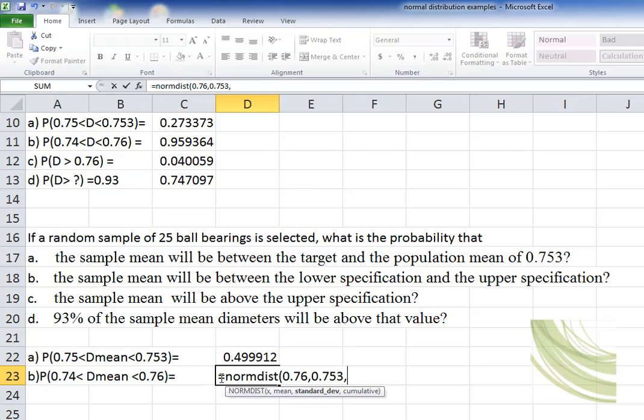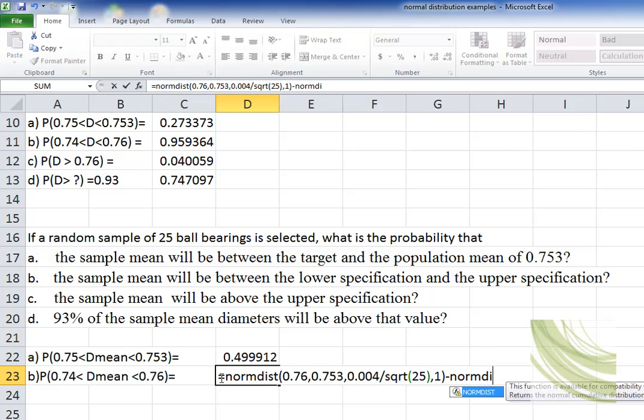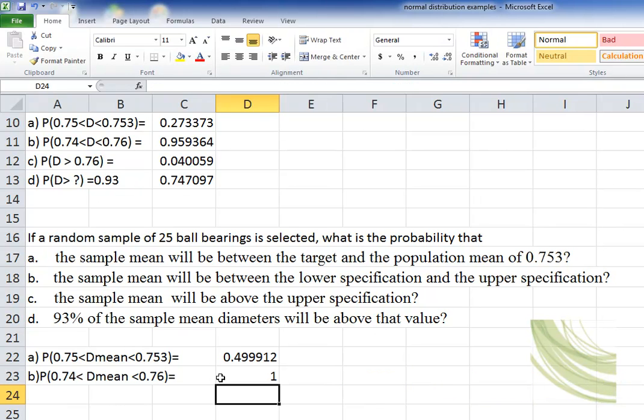Be careful, standard deviation is 0.004 divided by SQRT 25, and comma 1, minus NORM.DIST, low specification 0.74, comma, mean 0.753, comma, standard deviation 0.004 divided by SQRT 25, and then 1. So it is almost 100%.